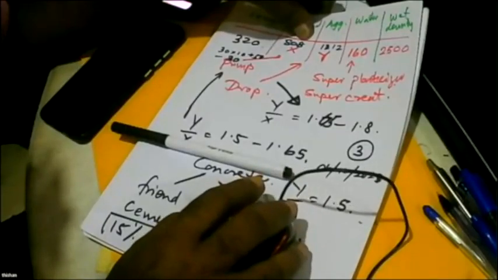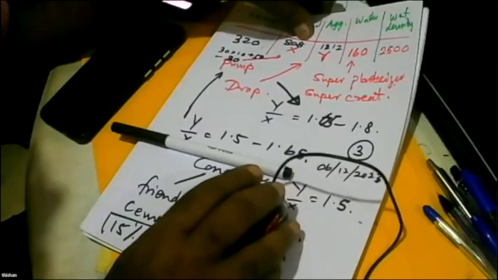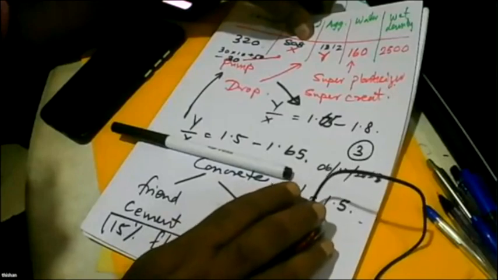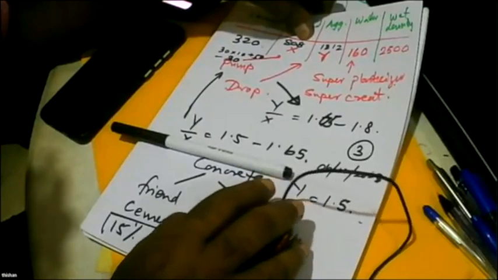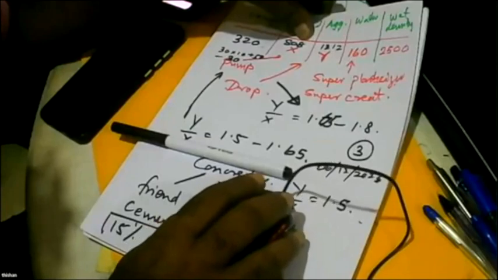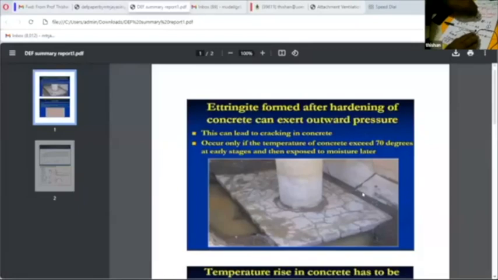But just one moment, I'll show you the repercussions of doing it wrong. What are the repercussions of doing it wrong? Can you see? Do you like to have the pile cap after 3-4 years after construction like this?